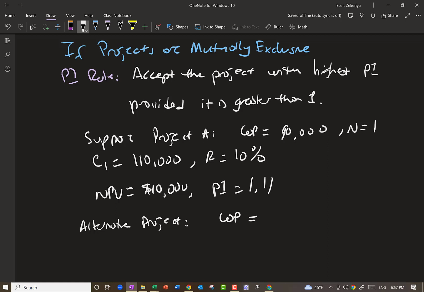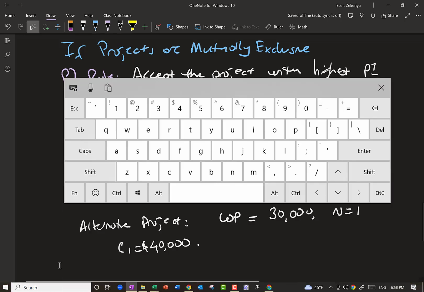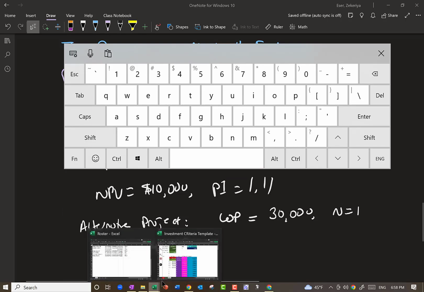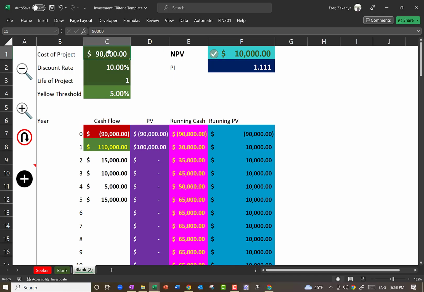Now, alternative project. Let's say COP is $30,000, N equals 1, and C1 is $40,000. Since I already have my template, all I have to do is change my inputs. 30, 40. Oops, not 400.